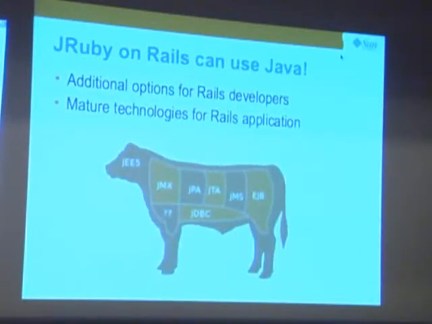And of course, you can use Java. So Java EE is a pretty big cow, but there's a lot of good meat on that cow. There's many libraries that you may want to use from Ruby. And these have been tested in production for years, and they run very well. So Rails users get that advantage too.